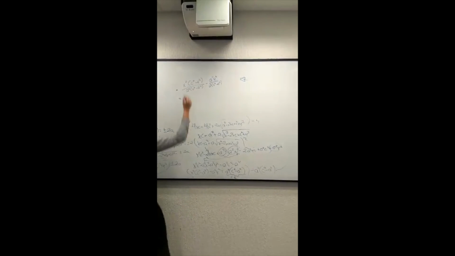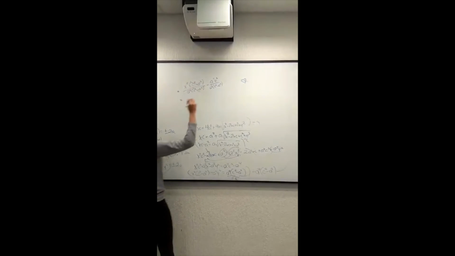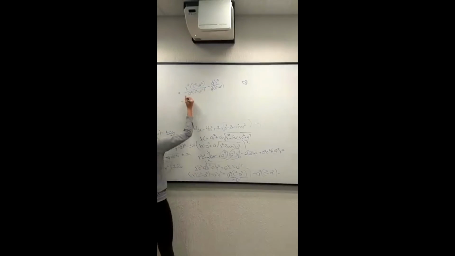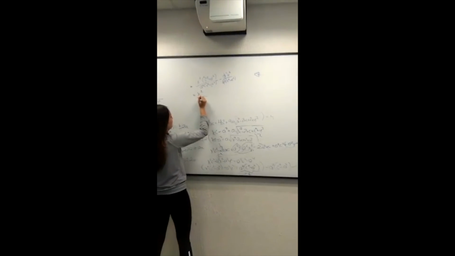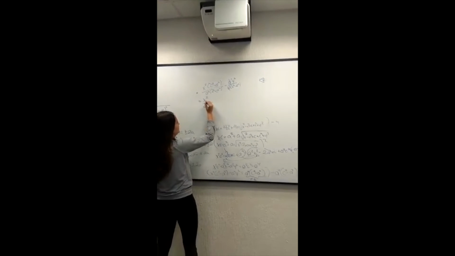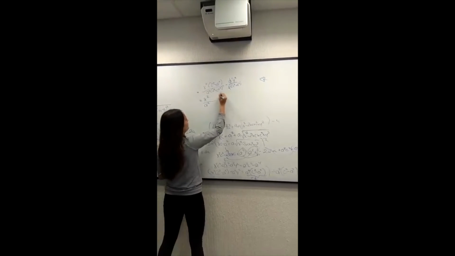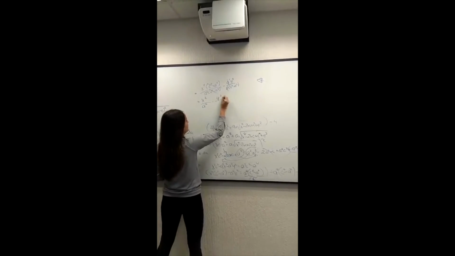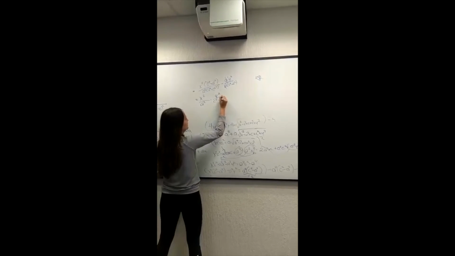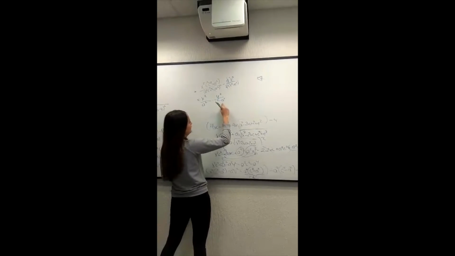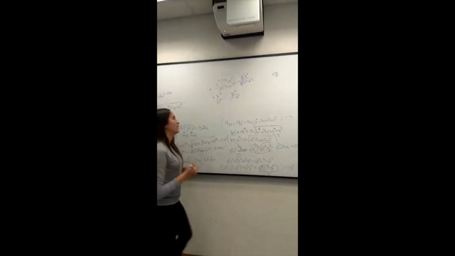So we eliminate this and this one, so we got x squared divided by a squared minus y squared divided by c squared minus a squared.